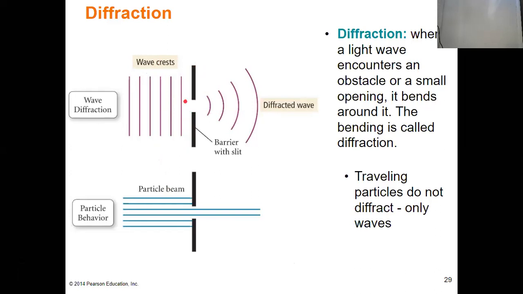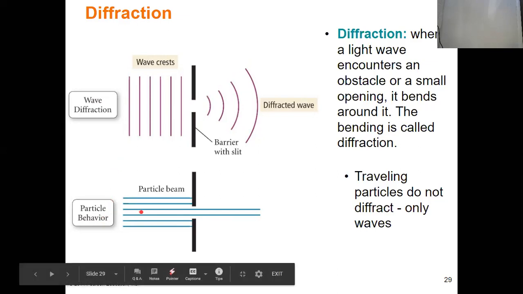When they hit this opening, waves tend to bend around the barrier, okay? Depending on how quickly they are moving, they will bend to a greater or lesser degree. But that diffraction is an actual bending of the light, right? Waves diffract.